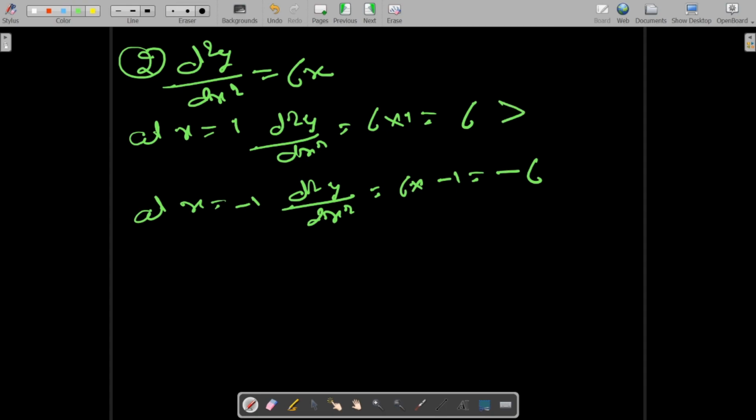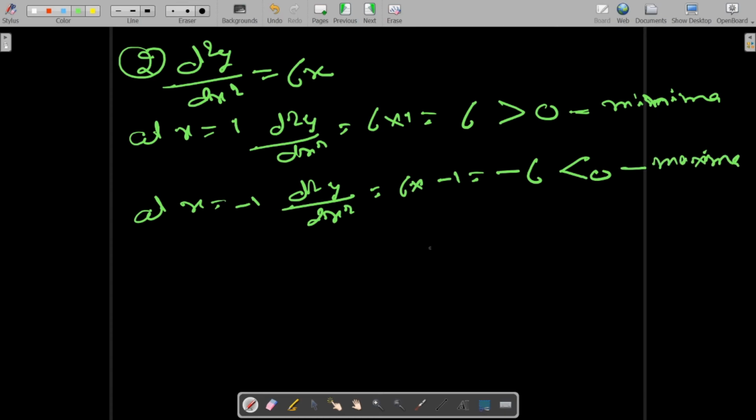So when it is greater than 0, at 1, it will be a minima. This is a minima point and this is maxima.